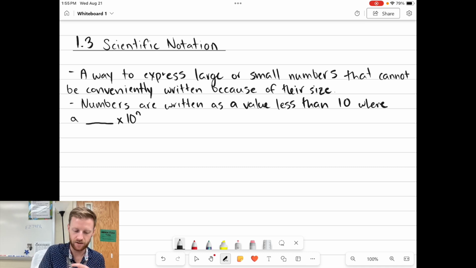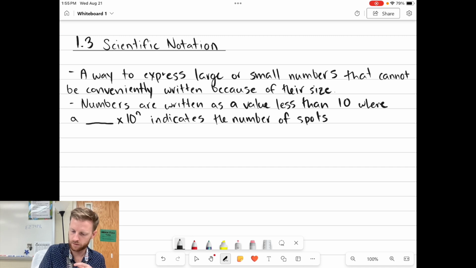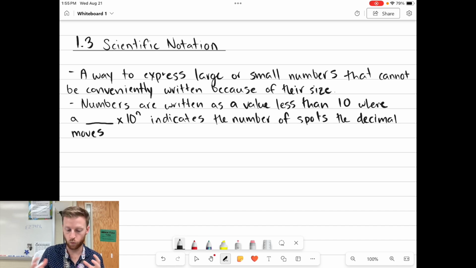So an n, which indicates the number of spots the decimal moves. Now, that's a lot of words there to start. Don't worry, we're going to get some practice here, some examples.